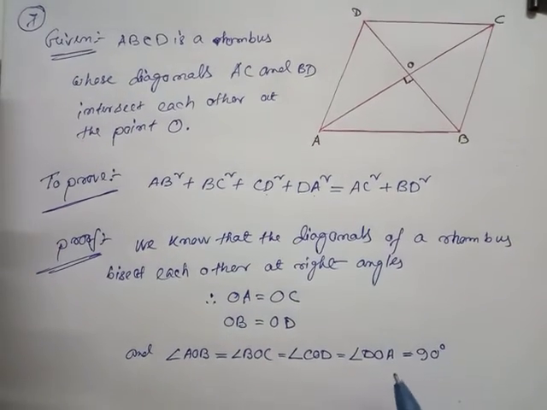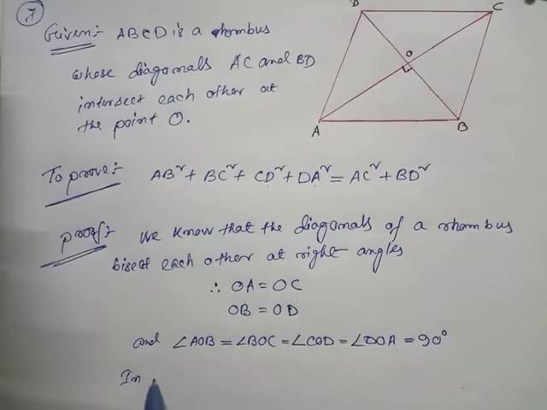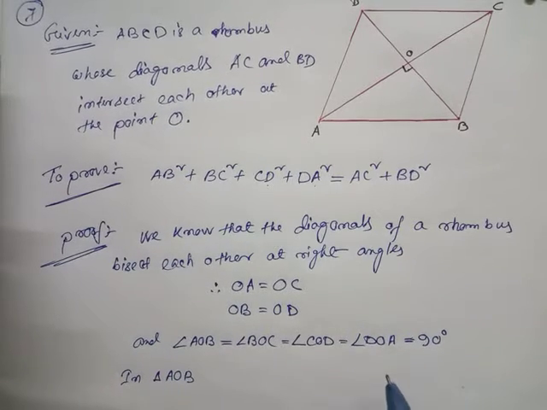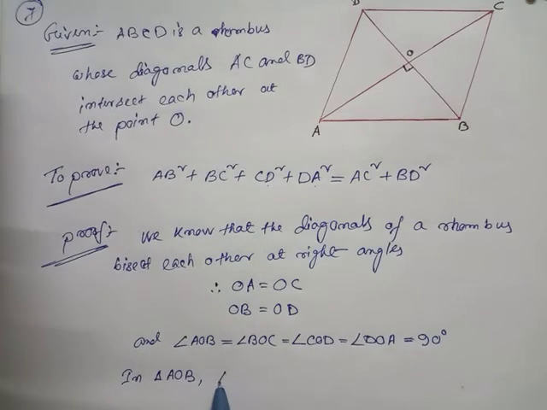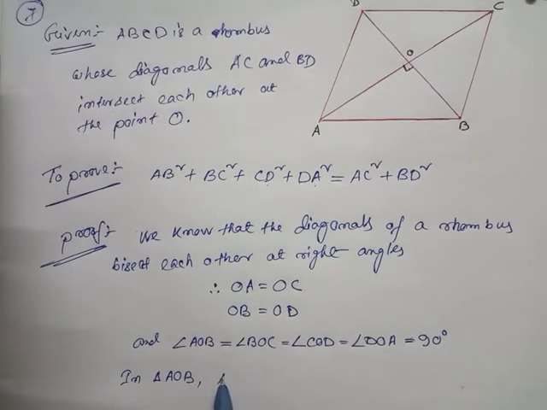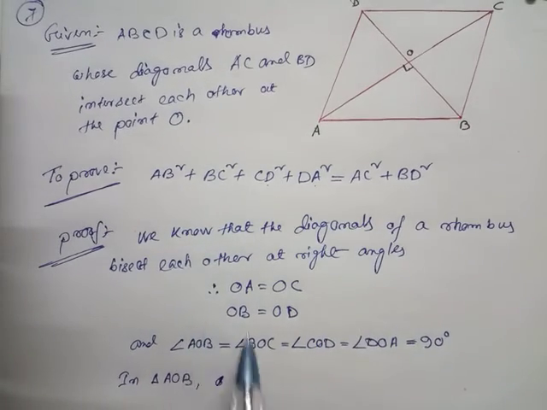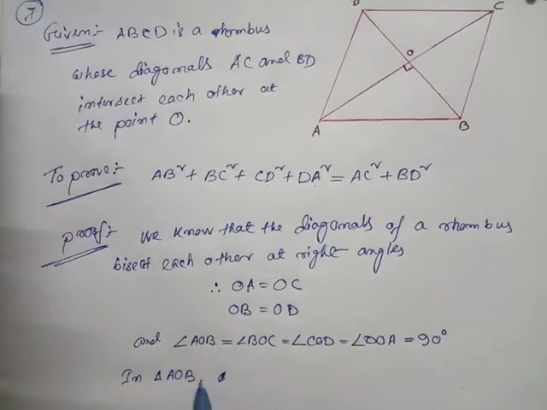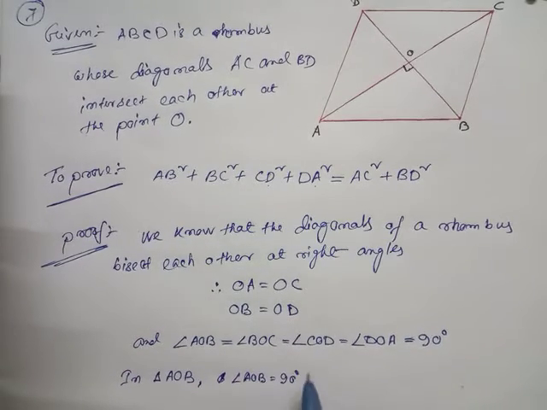So we'll write down here, in triangle AOB, angle AOB equal to 90 degree.